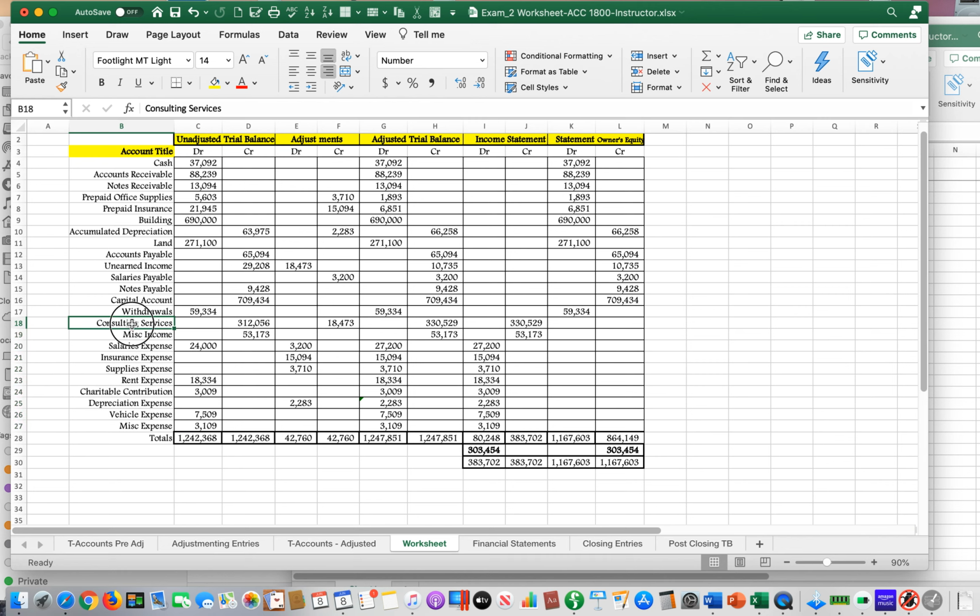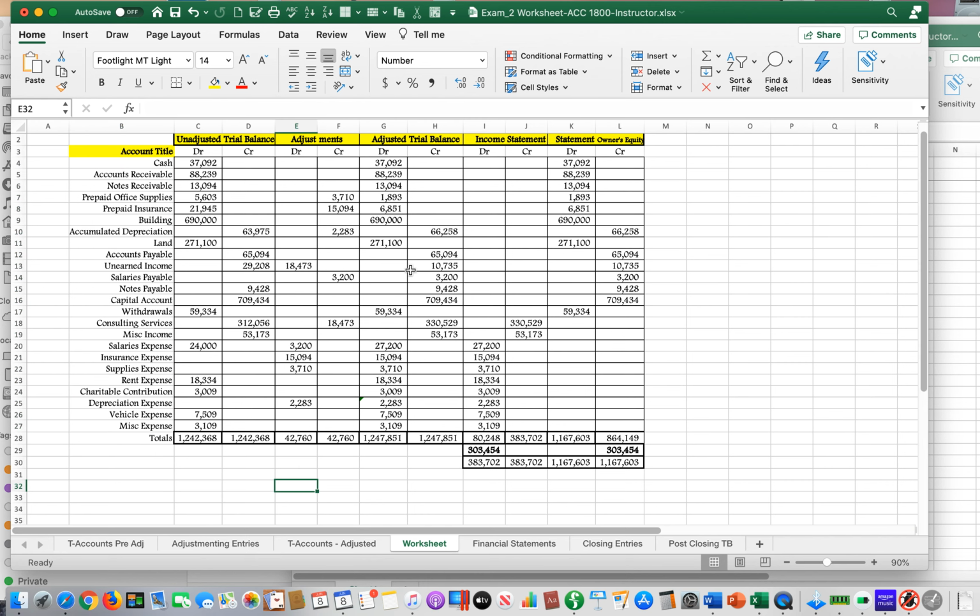Sometimes it's called revenue or miscellaneous revenue or whatever. You'll know. Right after withdrawal come your income statement accounts. That's why I said earlier, you need to know automatically what belongs on the income statement and what belongs in the balance sheet. What makes it easier is that they'll be in the proper order. In your chart of accounts, you start with your balance sheet accounts and you end with your income statement accounts.